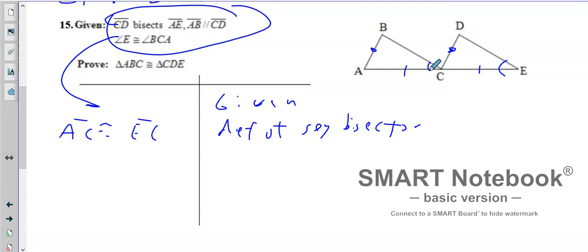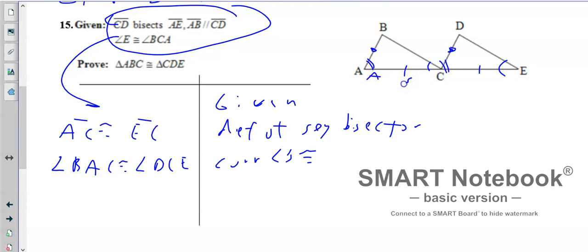Now, because we have parallel lines, we should always be looking for corresponding angles. So we know that this angle is congruent to that angle because of corresponding angles. So we have to say that angle BAC is congruent to angle DCE, corresponding angles are congruent.